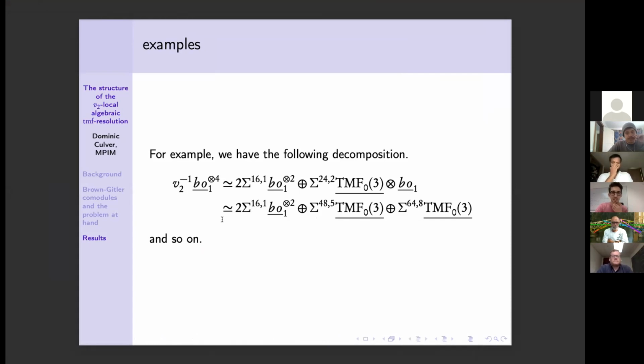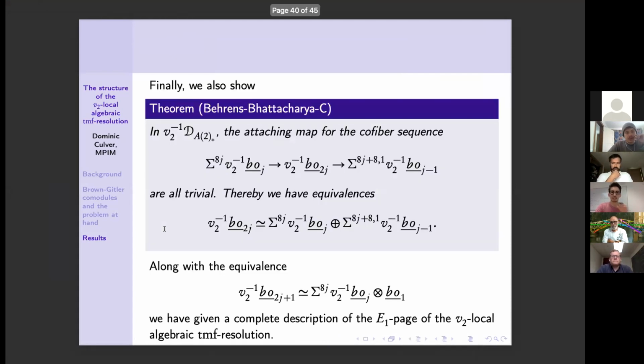Okay. Maybe I'll end by saying that actually even more is true. Something really nice also happens. Remember we had these cofiber sequences. It turns out that the connecting homomorphism for them is trivial V2 locally, so actually you get a splitting of the even guys.